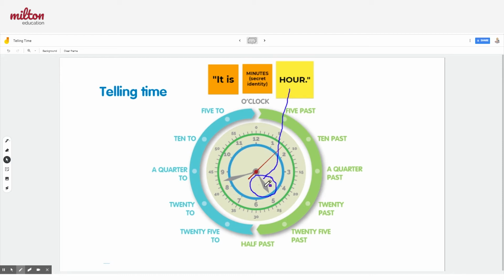So for example, here, this hour hand is pointing to the 5. So we say 5. If it points to the 1, we say 1. Or 2, 3, 4, 5, 6, 7, 8, 9, 10, 11, or 12. No secret identities here with the little hand or the hour hand.